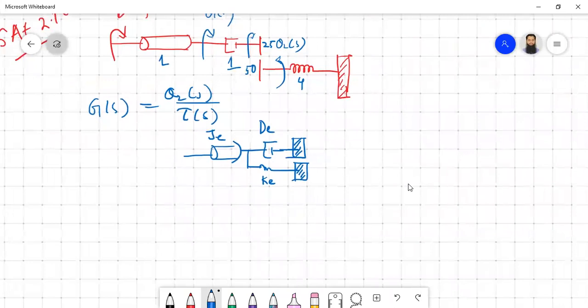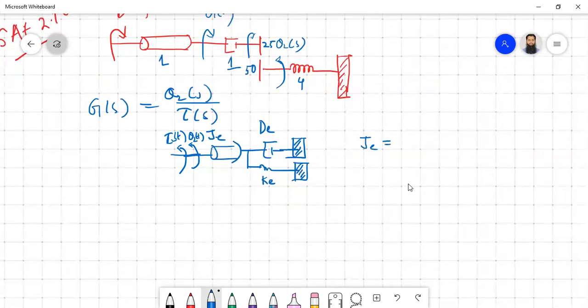So what will be our J equivalent? Actually it's better to give the opposite direction. So this is your tau 2 t and theta 2 t. Okay, so let us find out the equivalents first.